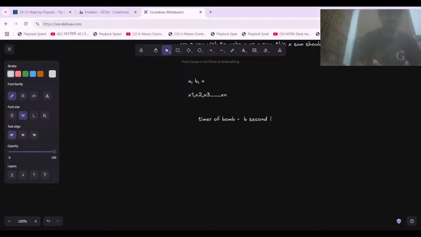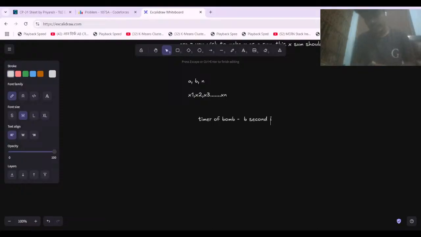Normally, if the bomb reaches zero, it will explode, and we don't want it to explode. We want the maximum time before the bomb explodes. To do that, I have been given some tools, the x1 to xn values, and these tools give me the power to delay the explosion.